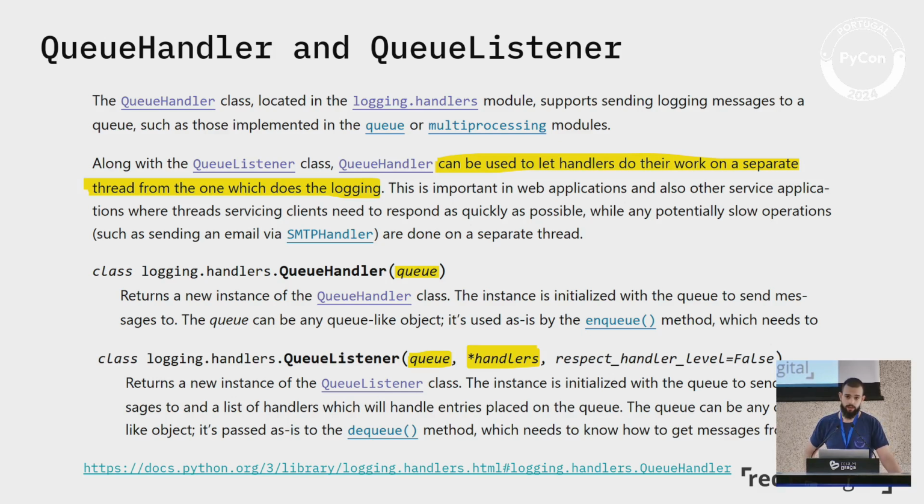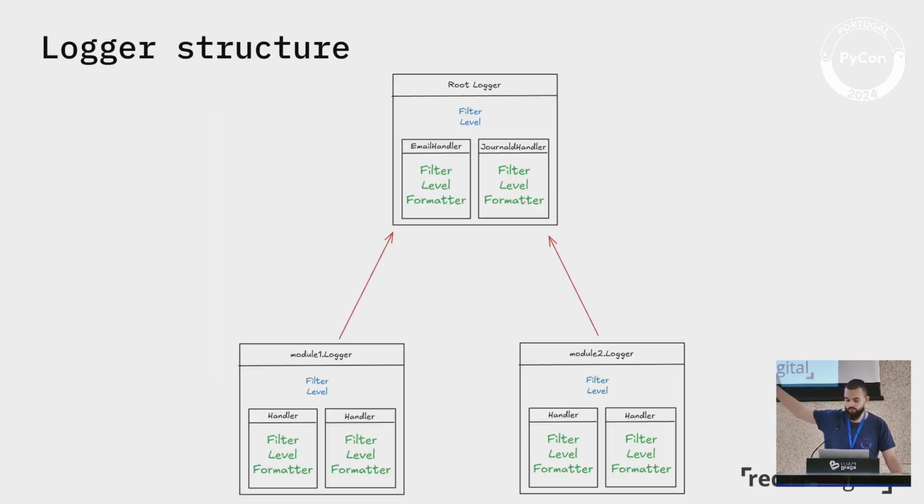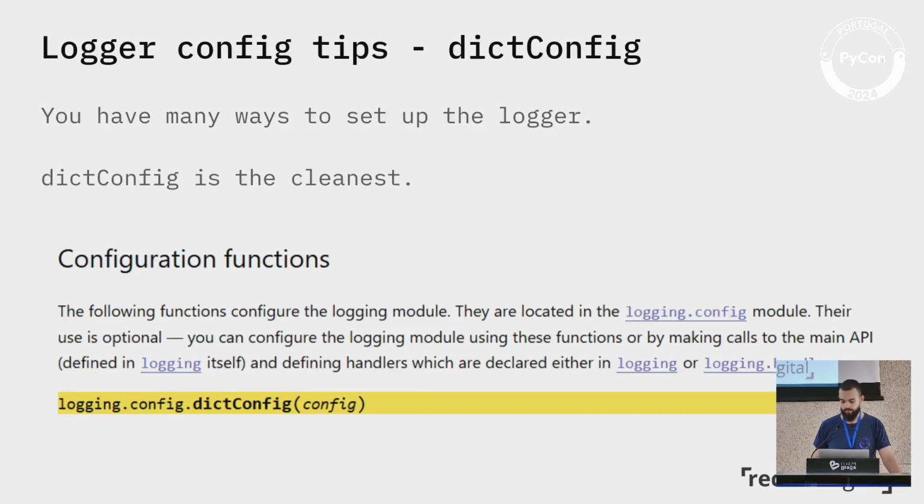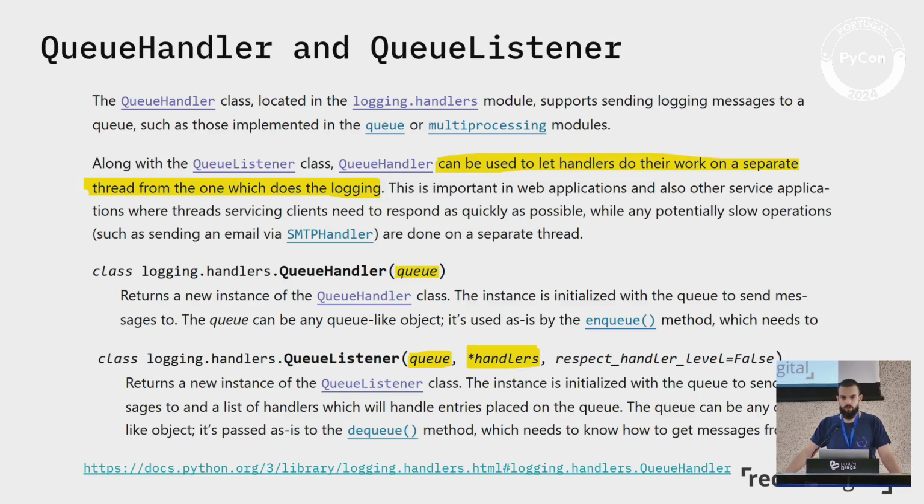I've highlighted the important parts of the API. The way this works is that you have a handler. The handler provided here, the QueueHandler, is actually the handler that you see right there. So when you see email handler or journald handler, that's actually the QueueHandler. It takes a queue, and that's a normal Python queue.